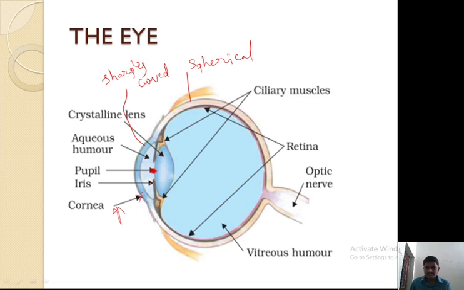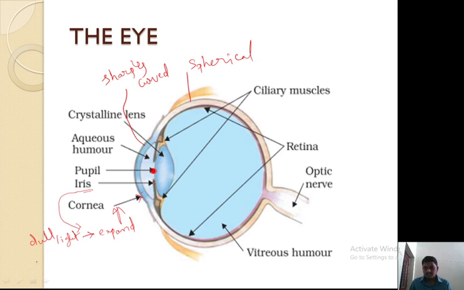This iris helps the pupil to expand and contract in dull and bright light conditions. When the light is dull or low, our pupil expands, and this is done by the iris. The iris helps the pupil to expand under dull light conditions, so that we can see the objects clearly.